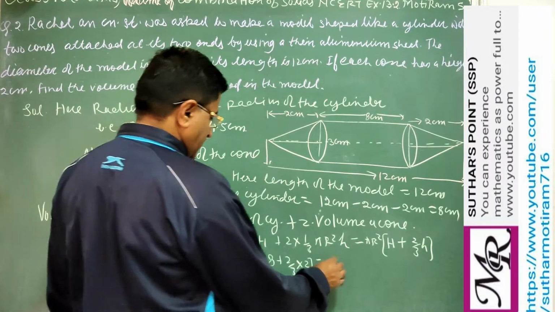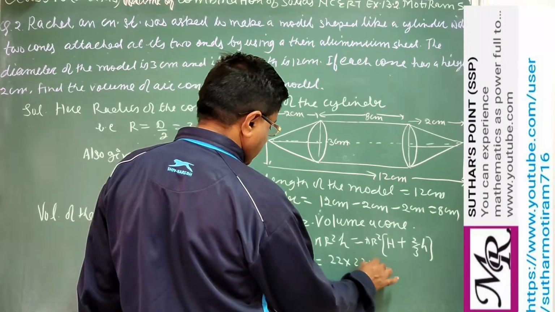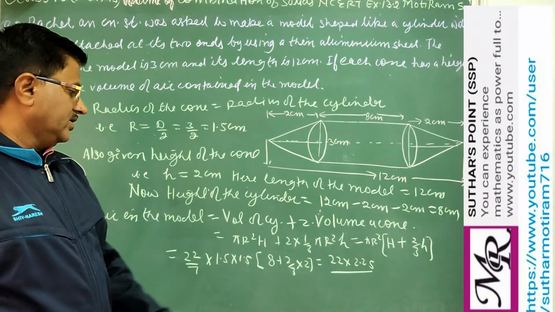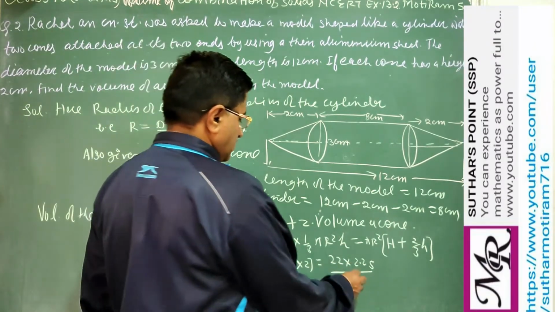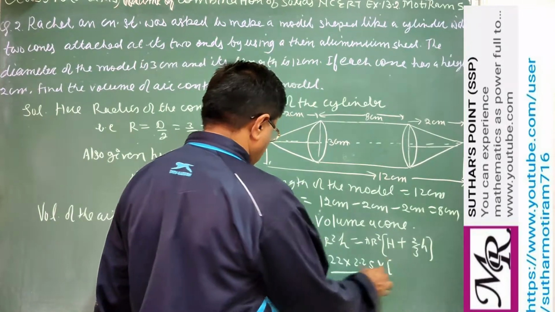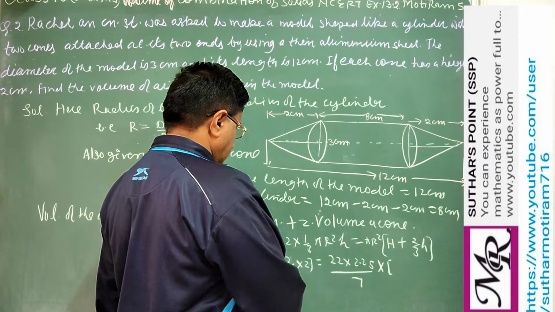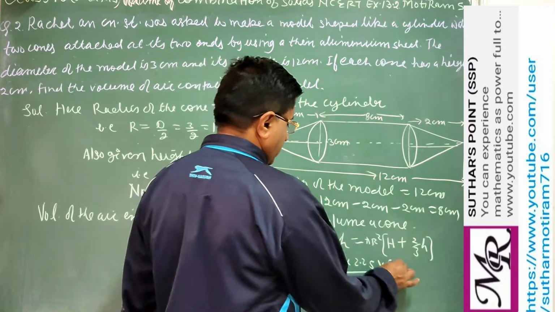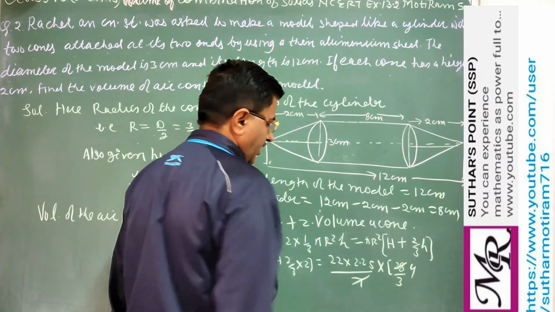So that will be 22 into 2.25 upon 7 into, now bracket value 4 by 3. Now 3 into 8 is 24, and 4, that is 28 by 3. So 7 divides 4 times.